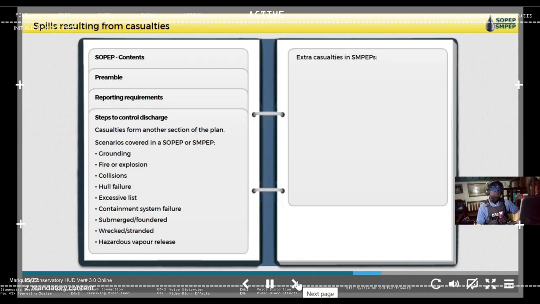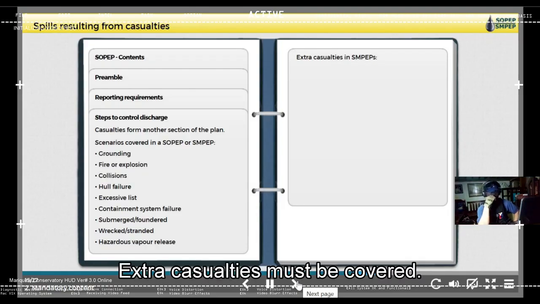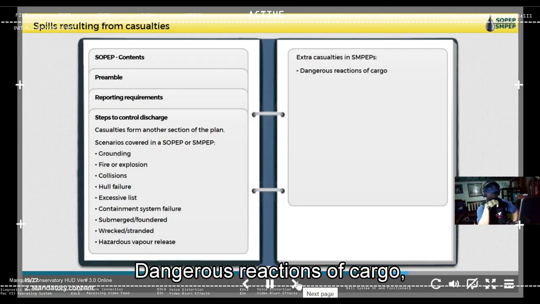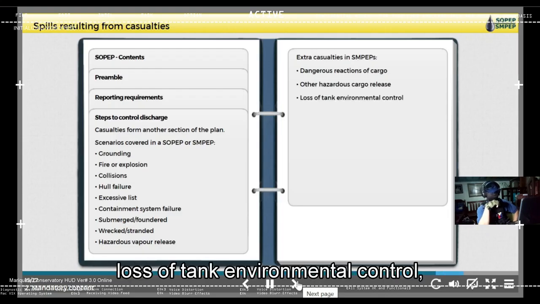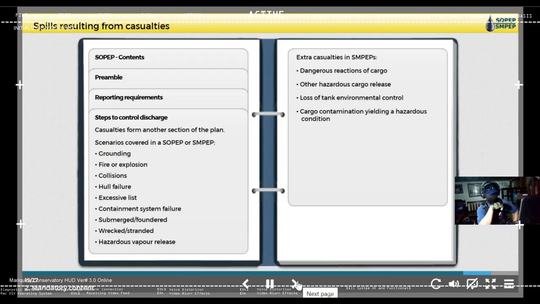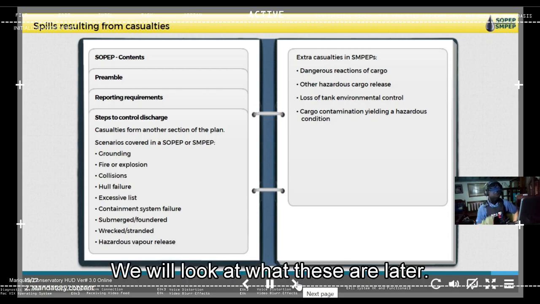In SMPEPs, the following extra casualties must be covered: dangerous reactions of cargo, other hazardous cargo release, loss of tank environmental control, and cargo contamination yielding a hazardous condition. We will look at what these are later.